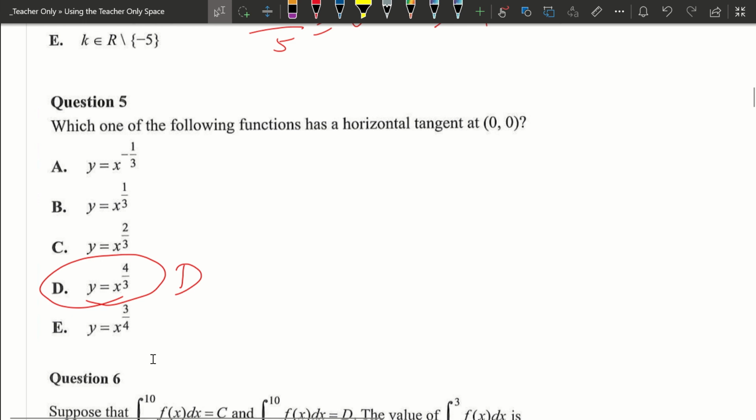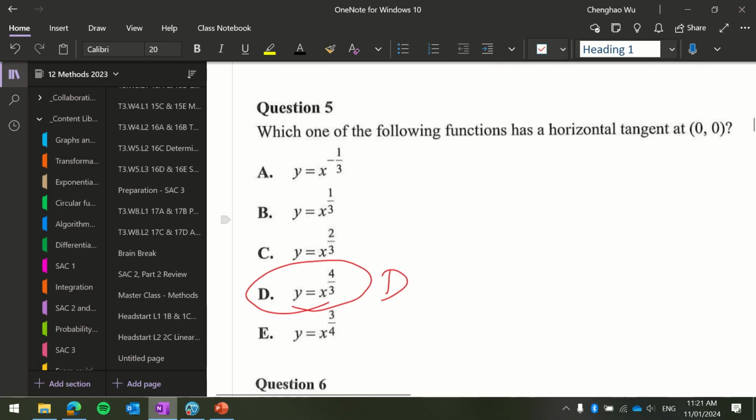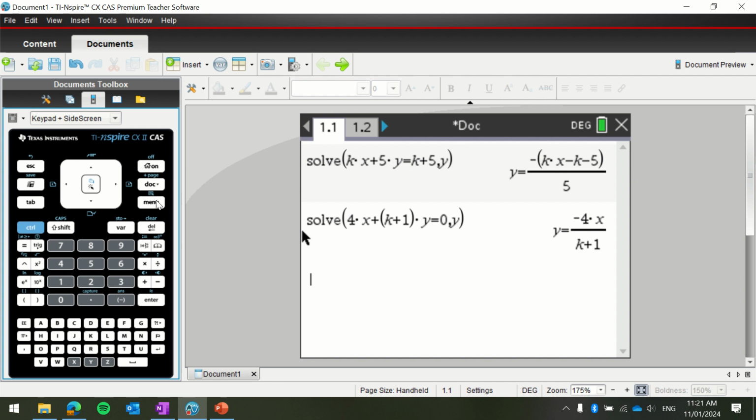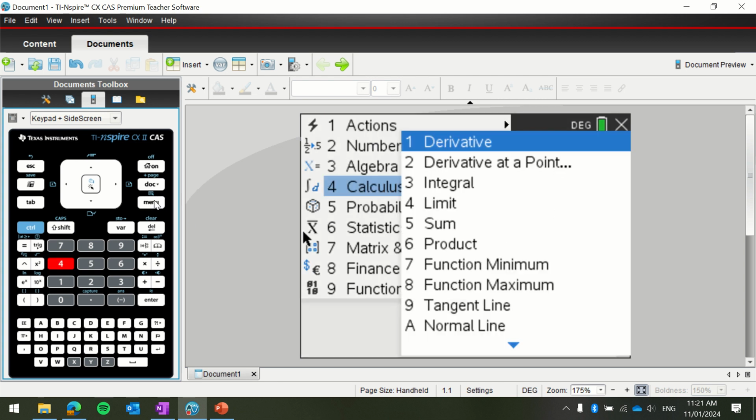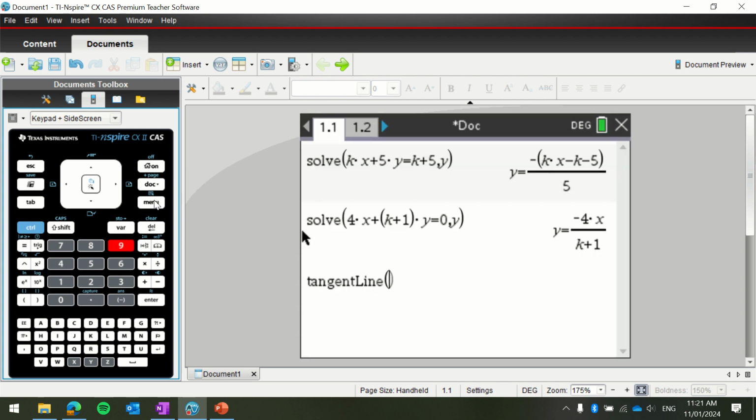All right, question 5. Which one of the following has a horizontal tangent at (0, 0)? Well, to be honest, the quickest way is to do trial and error. Horizontal tangent at (0, 0), yeah. So this is what I will do. I'll go in here, manual calculus, and then go tangent line.